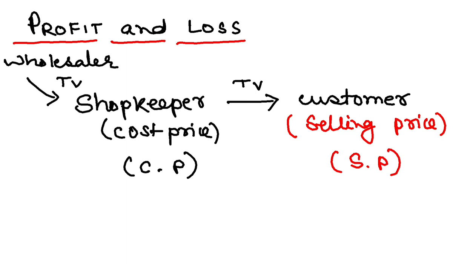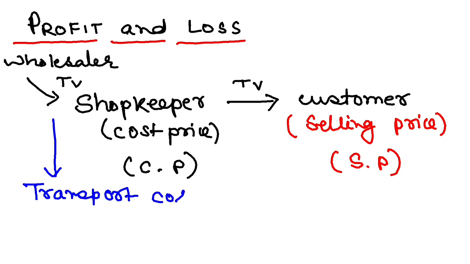Now, whenever the shopkeeper buys the TV from the wholesaler, there is an additional cost here related to, suppose, transport. Yes, he has to bring the TV from the wholesaler to his own shop, right? So there's a transport cost involved.